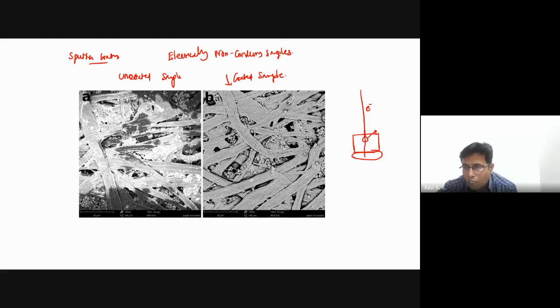Then you should have earthing. Finally it will get earthed. So the electrons which have not participated in the interaction process will go through the sample, and finally go to the earth. Okay, this is for a conducting sample.